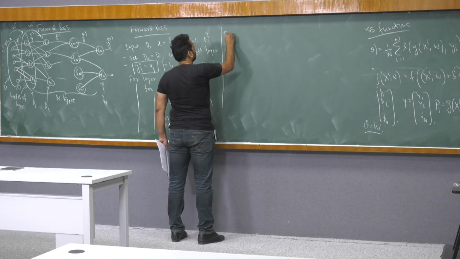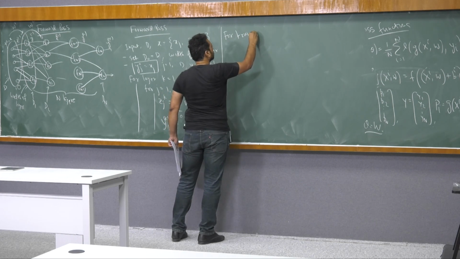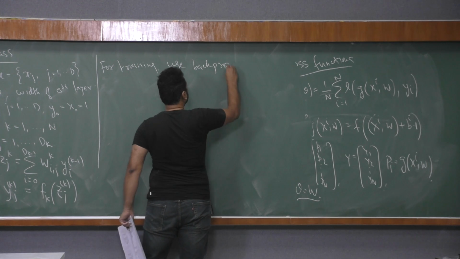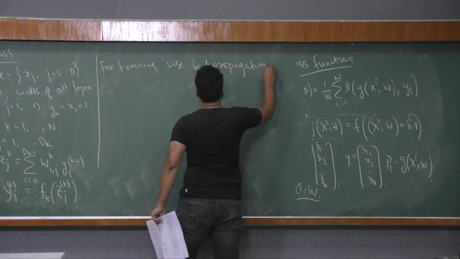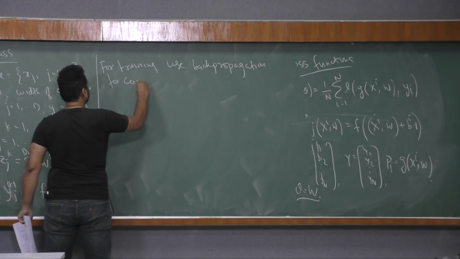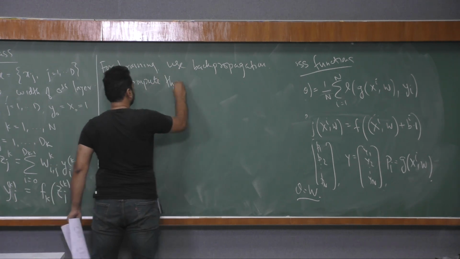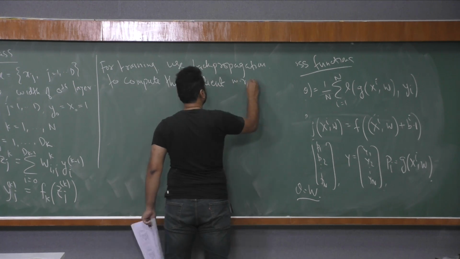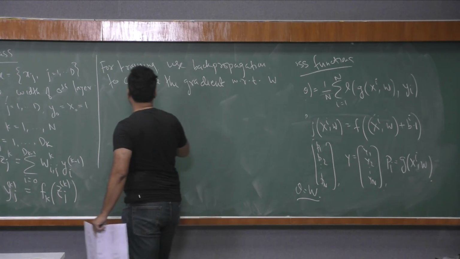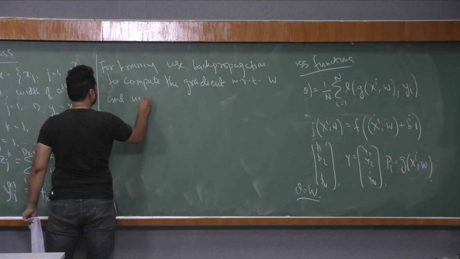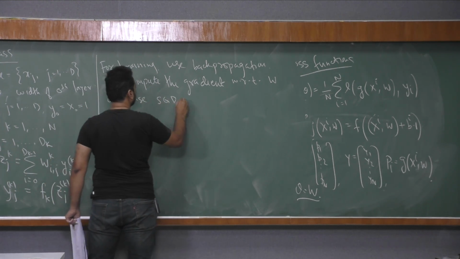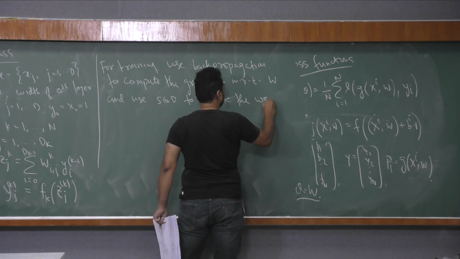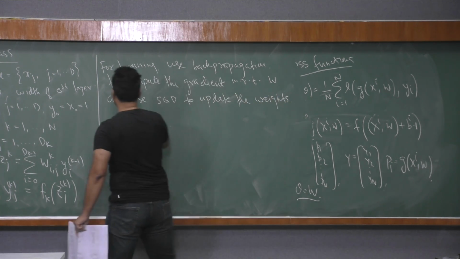Okay. So for training, we use back propagation to compute the gradient with respect to the weights w, and then use SGD, stochastic gradient descent, to update the weights w.